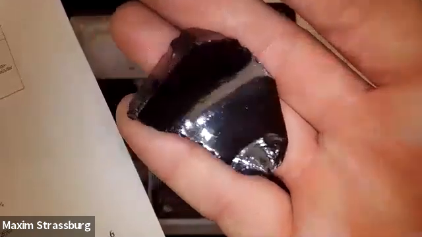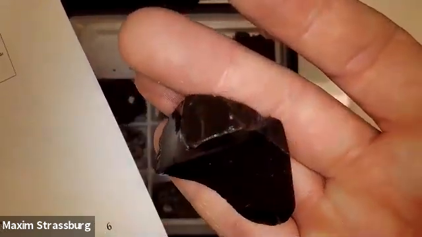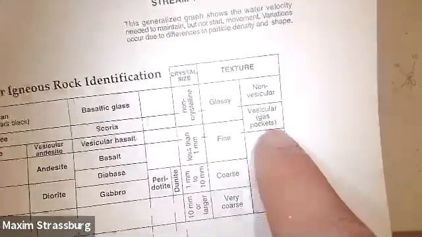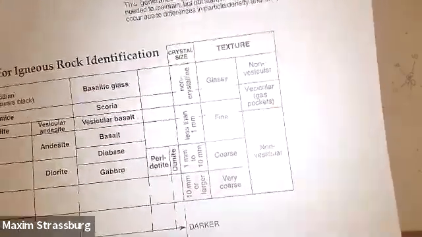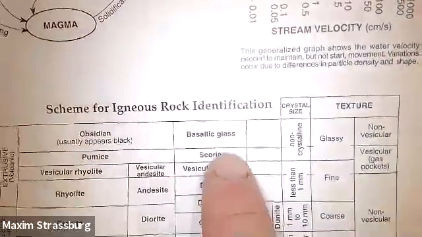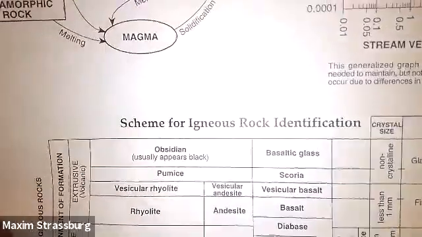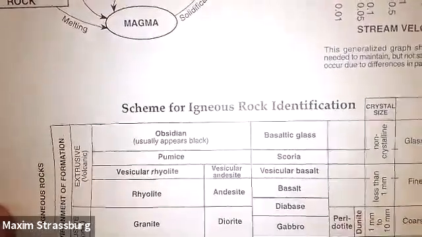It looks literally like a solid piece of glass without any gas bubbles, which is what the vesicular texture is composed of. And so I've got 2 choices. I've got basaltic glass or obsidian. And to be honest, it's sometimes very difficult to determine the difference between the 2.